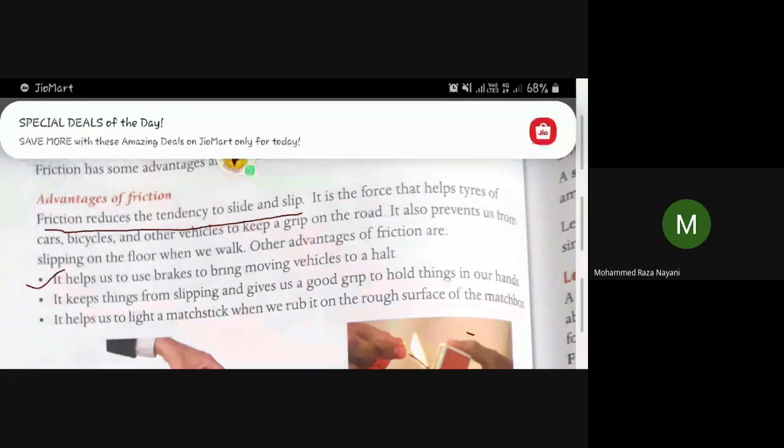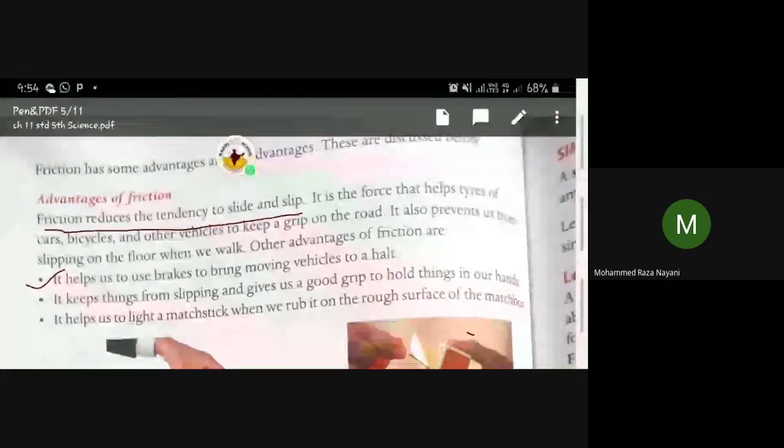It helps us to use brakes to bring a moving vehicle to a halt. Halt. It's not halt, it's halt. Okay. Now, second point.